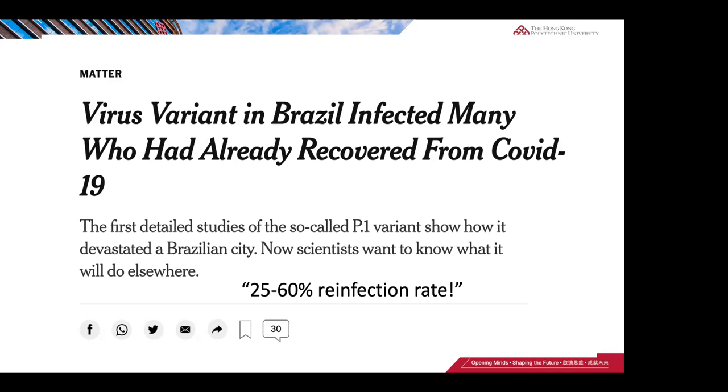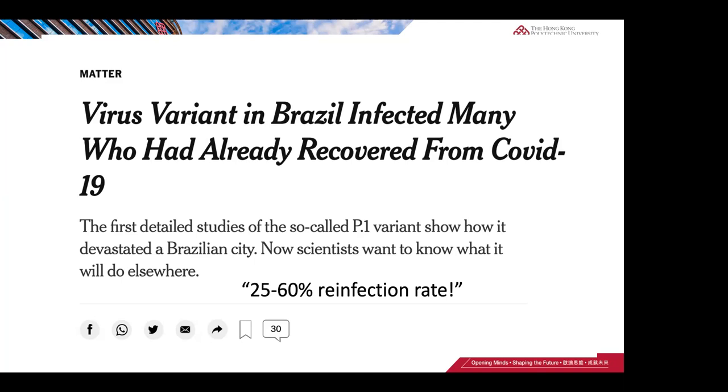But there is a limit. If you observe, let's say, 10, the real number could be 100, 1,000, or 10,000, but it's very unlikely to be 1 million.